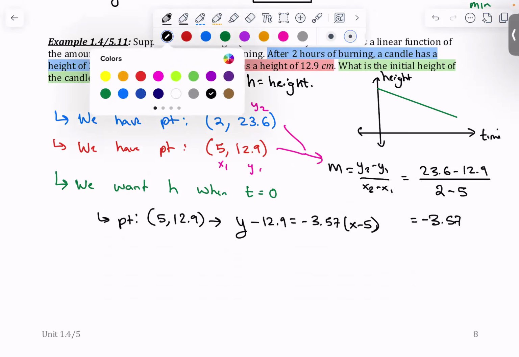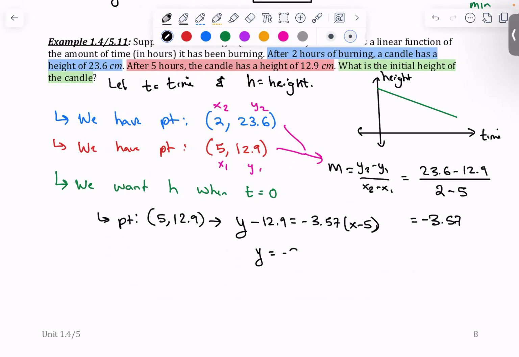Anyways, this will become, okay, so y equals negative 3.57x plus 17.85 plus 12.9. Wait.